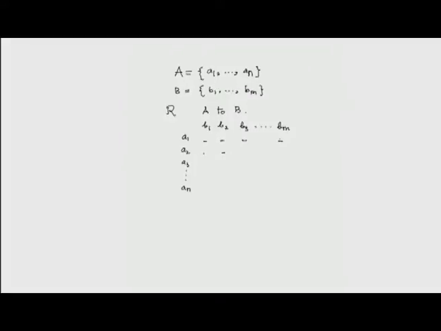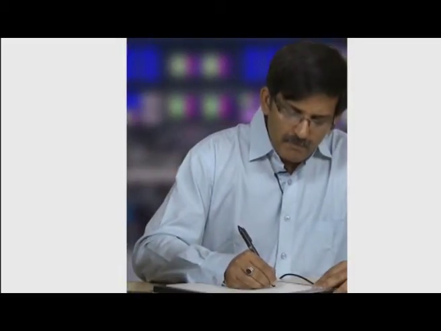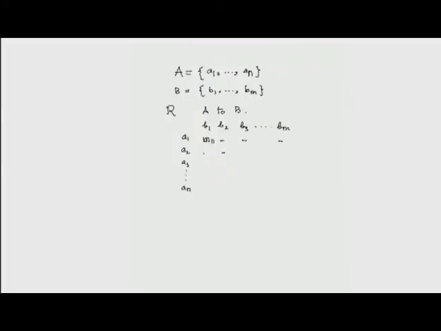We can fill in these gaps by writing M11, M12, M13 and M1m. In the next row, we write M21, M22, M23 and so on up to M2m.